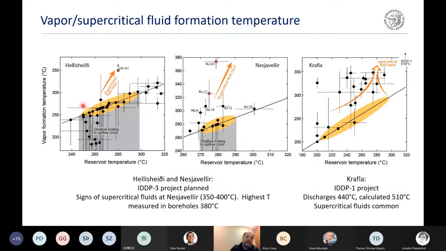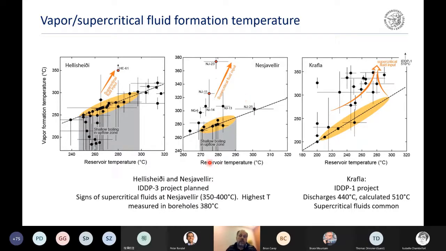And you can see here for Hellisheiði, there are many excess enthalpy well discharges, but almost all of them are caused by this phase separation boiling within the reservoir or the upflow zone. We go to the next system, and you can see that part of the system has the same behavior, but now we are having boreholes that purely show signs of input of a much higher temperature vapor, possibly a superheated or supercritical fluid.